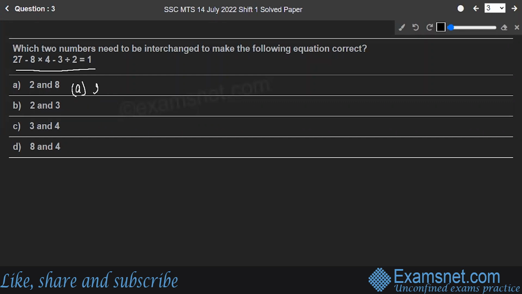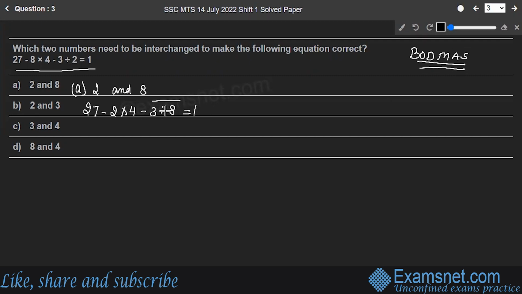So here is 2 and 8. Let's fill in the given equation. So it becomes 27 minus 2 multiply 4 minus 3 divided by 8 should be equal to 1. So according to the BODMAS rule, do remember we have to follow this rule in every algebraic equation.